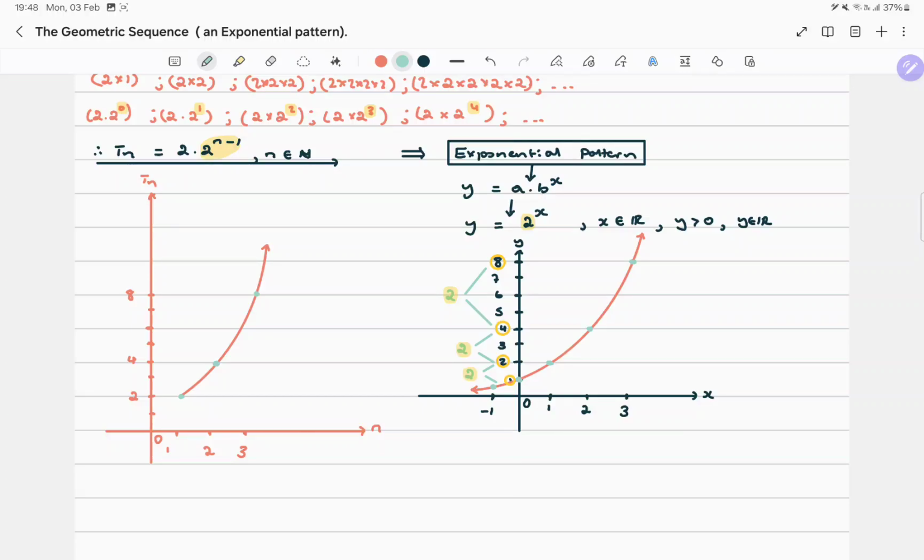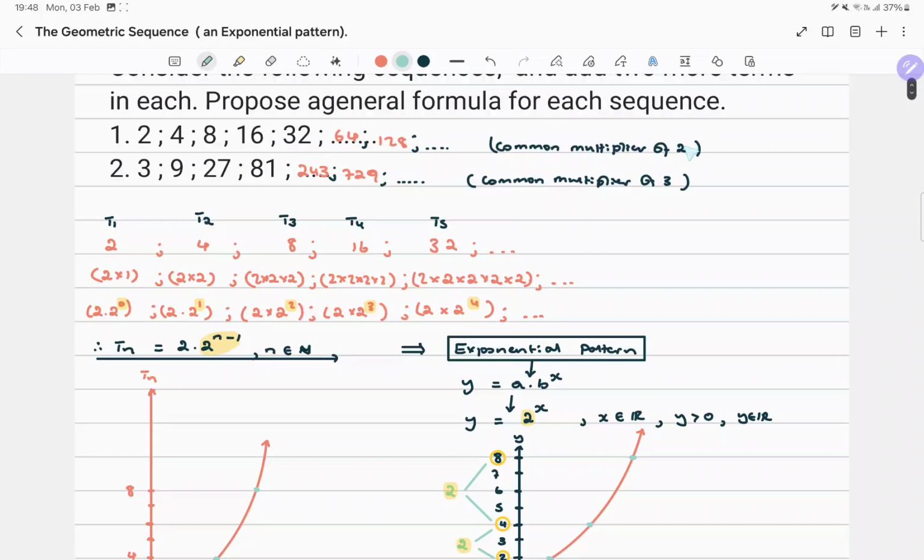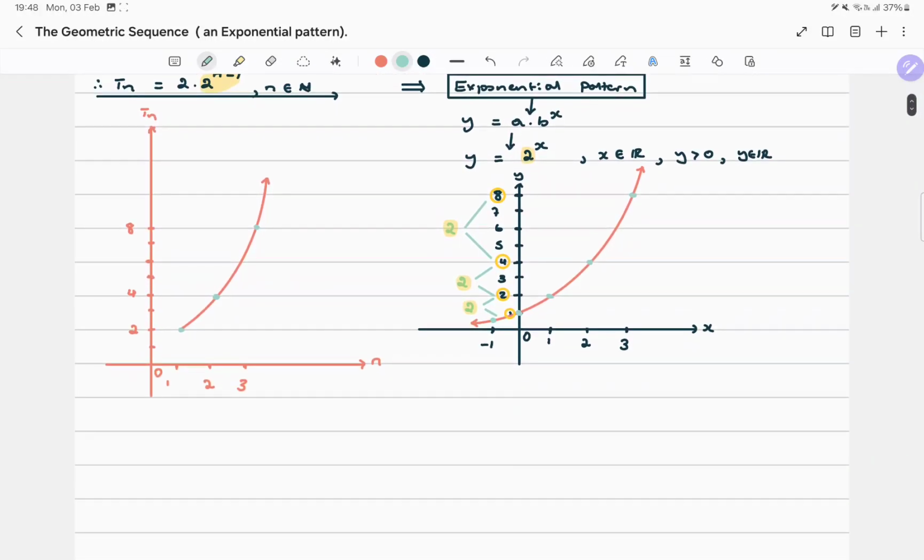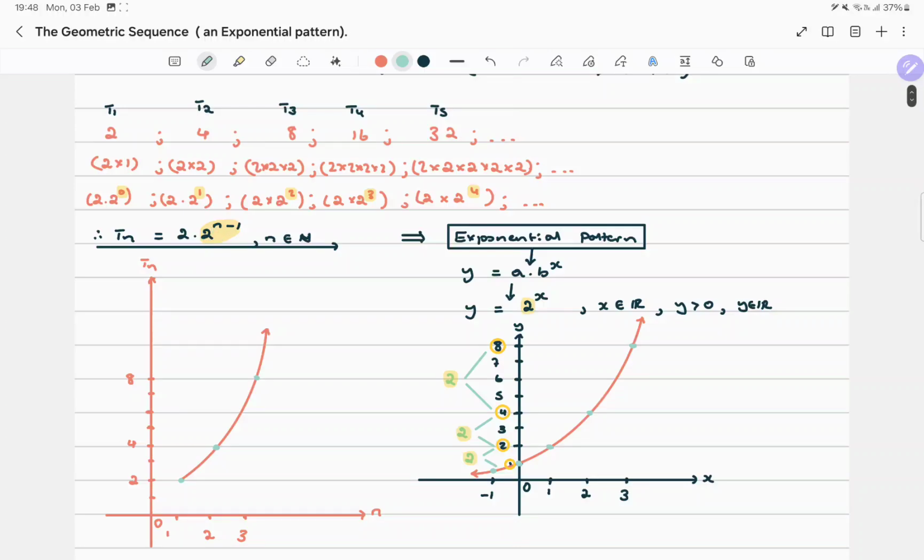Okay, great stuff. And we can appreciate, guys, that the common multiplier there, which was 2, is also in that base. And we can see here that indeed the ratio between 8 and 4 is 2. 4 and 2 is 2. Okay, but this one starts on term 1.